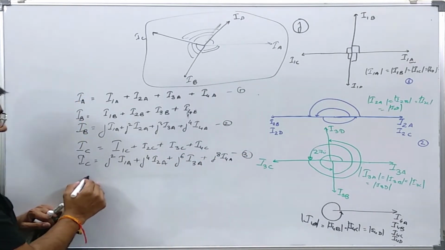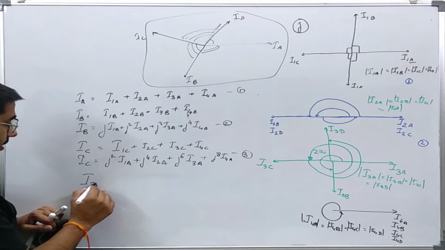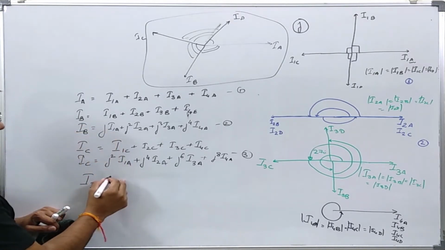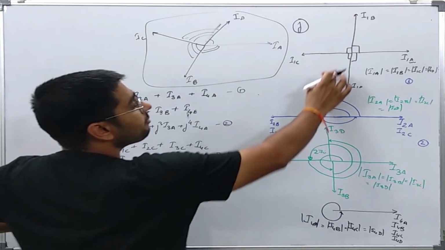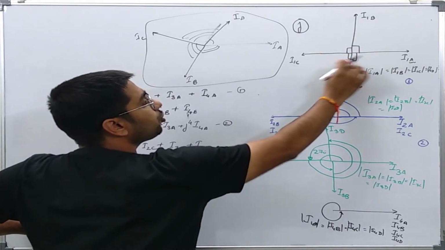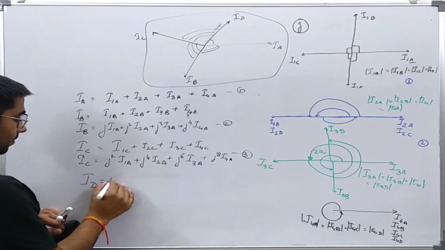Now writing the ID, I1D is J cube times I1A.